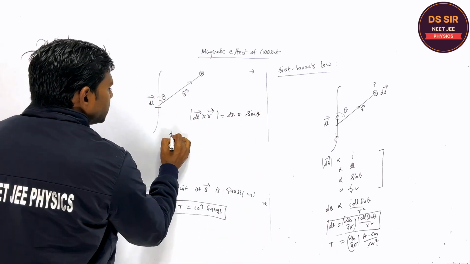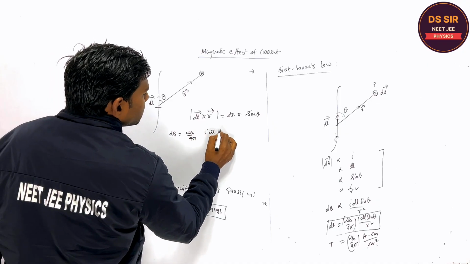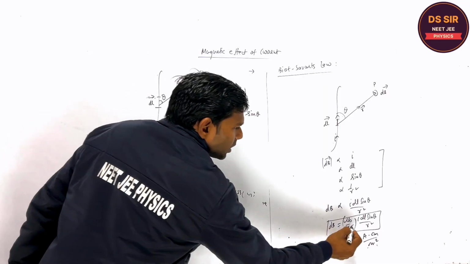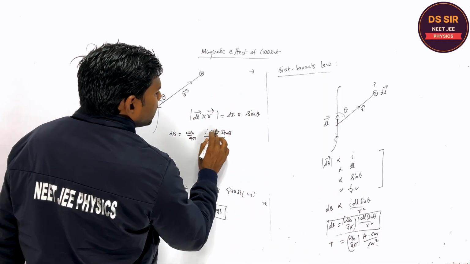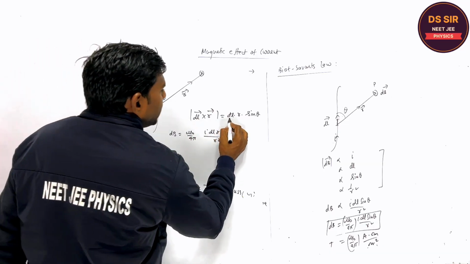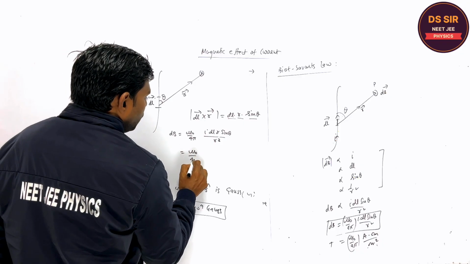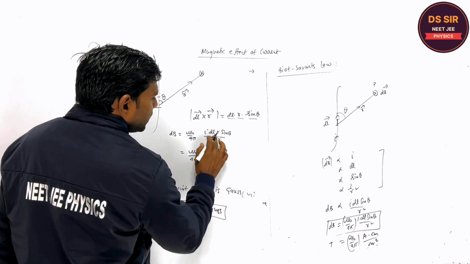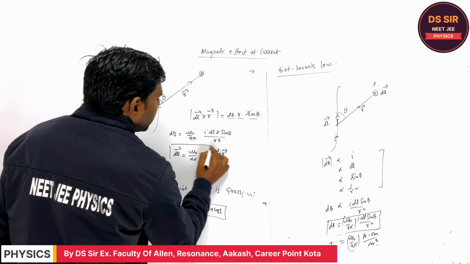If you consider this, dB is equal to mu naught upon 4 pi I dl sine theta upon r square, right? So in the numerator and denominator, you multiply by r and it becomes r cube. Are you getting or not? And this dl r sine theta, the magnitude, becomes mu naught upon 4 pi I dl cross r upon r cube. In vector form, it may be written as this.